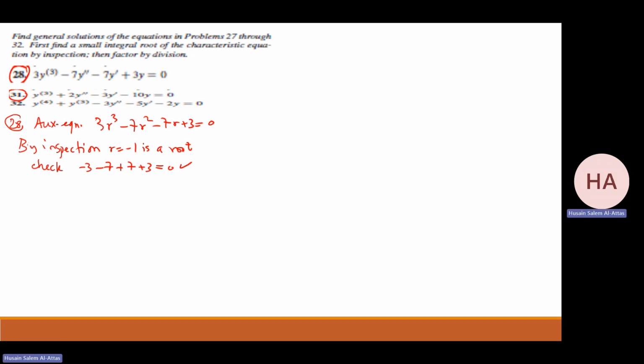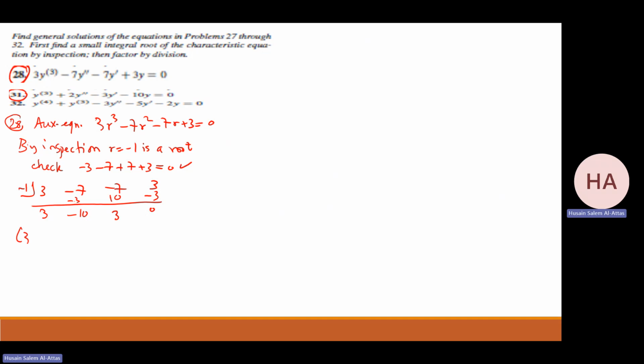Okay. So we'll do synthetic division with minus 1. Yeah, I have 3 minus 3, correct? Yeah, minus 10, that will be 10, 3 minus 3, 0.